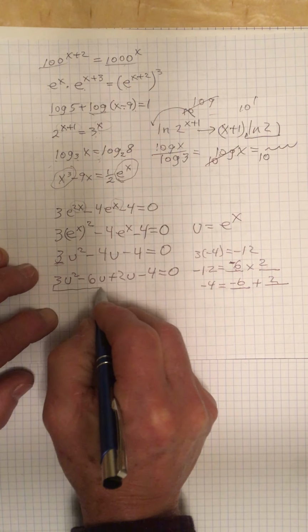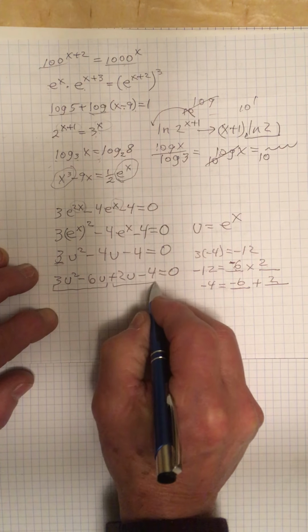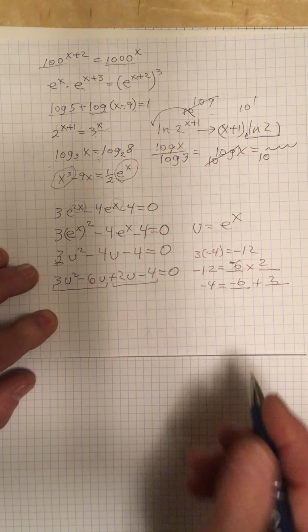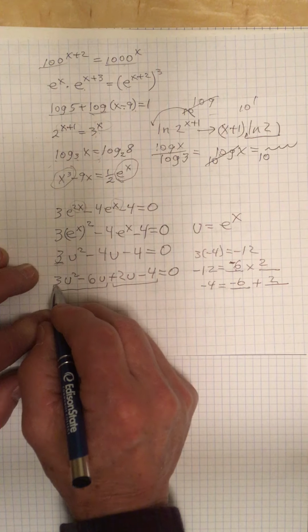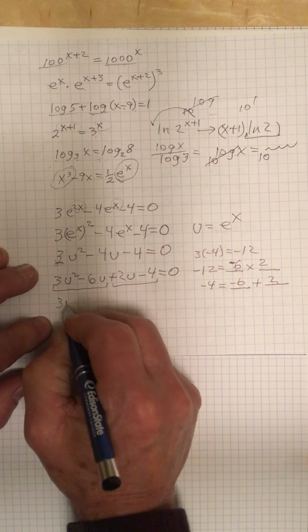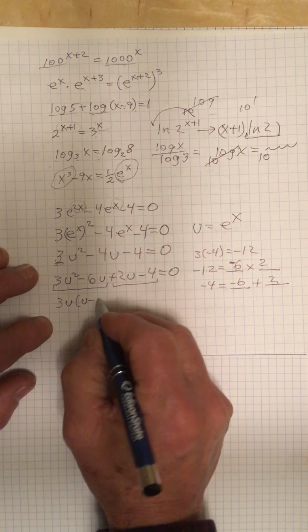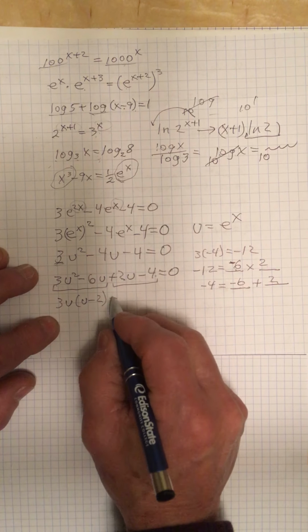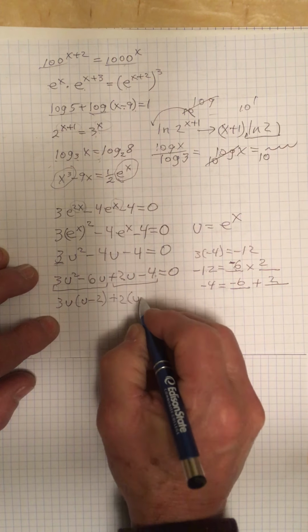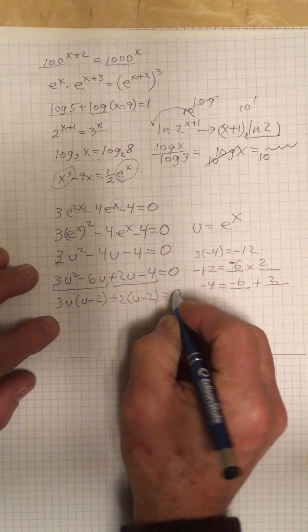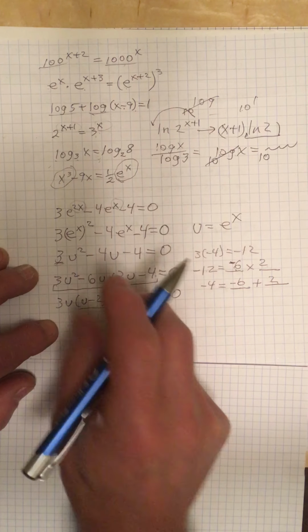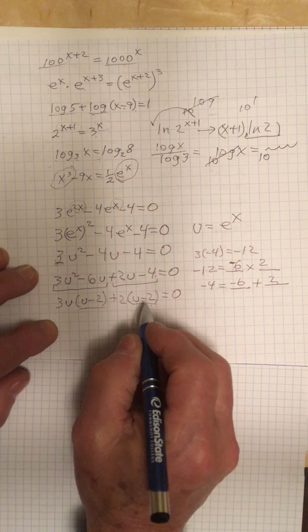And again, if you remember, this was our grouping technique because it produces 4 terms. So you group first two, last two. 3u comes out here. Over here I can factor out a 2. And then again, if you do the grouping correctly and all this works, you'll always get a matching factor here.